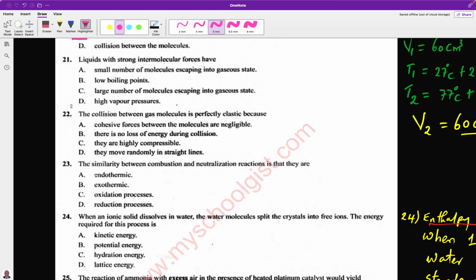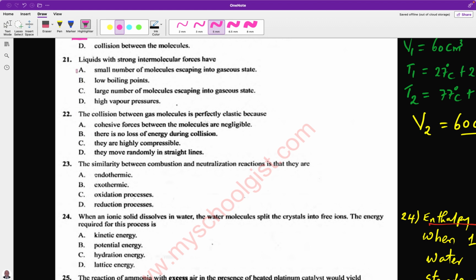A low boiling point, that's not the case. When there are strong intermolecular forces holding the molecules together, only a small number of molecules will escape into the gaseous state. So answer A is right.